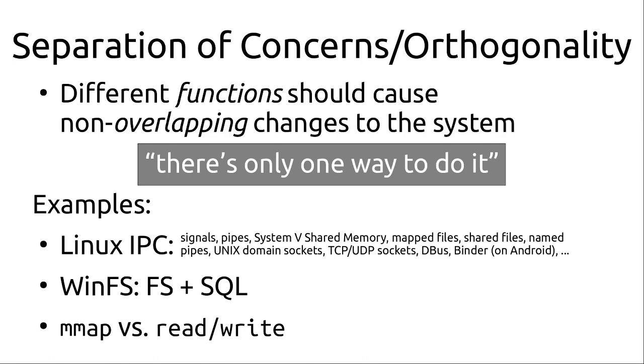So some examples where the separation of concerns is not applied is that in, for instance, Linux, there are many different ways to do interprocess communication. Signals, pipes, System V shared memory, mapped files, shared files, named pipes, Unix domain sockets, TCP, UDP sockets, dbus, binder on Android, etc., right? The list goes on. This is a lot of ways to do one thing, right?